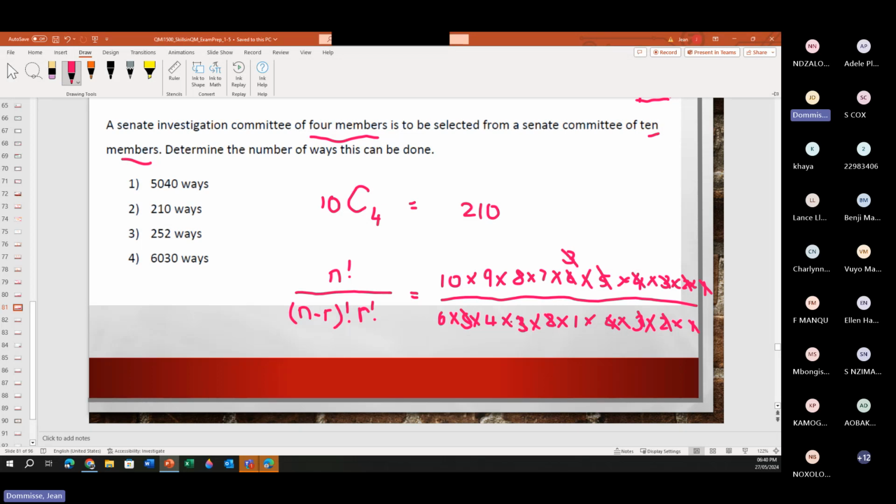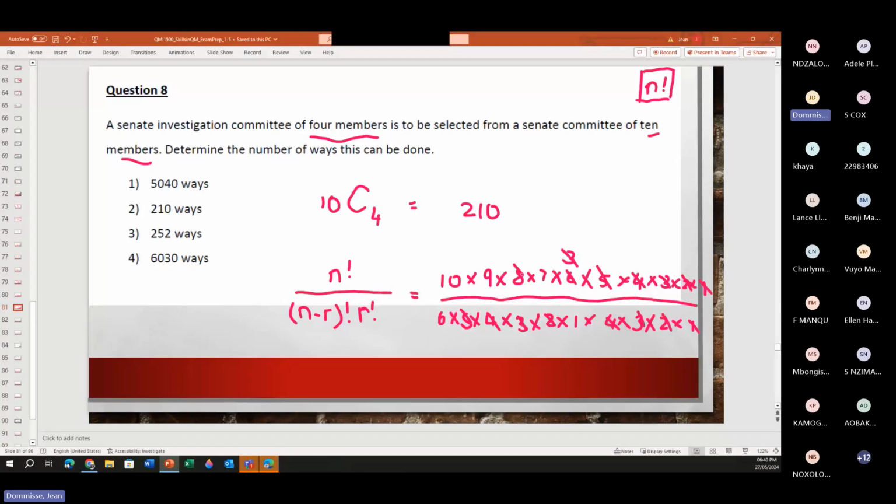So we're left with the 4. 4 goes into 8 twice, and then there's a 6, so 2 goes into 2 once, 2 goes into 6 3 times, 3 goes into there once. So let's see what we're left with: 10 times 3 is 30, times 7 is 210.